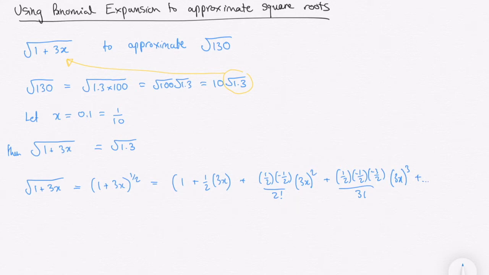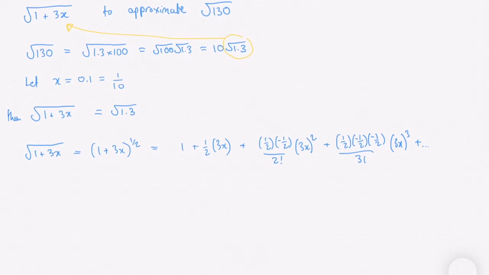There are higher order terms, but I'm going to stop there. Let's simplify this a little bit. This is 1 plus 3 over 2x, minus 9 over 8x squared, plus 27 over 16x cubed. Let's think about when this is valid. This is valid when 3x is between negative 1 and 1, or x is between minus a third and a third.